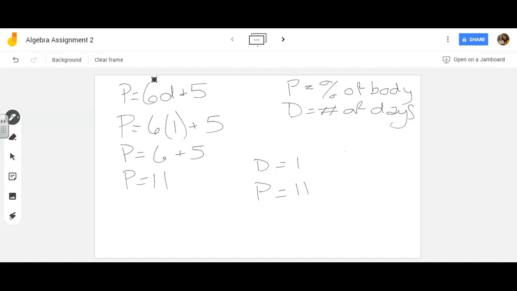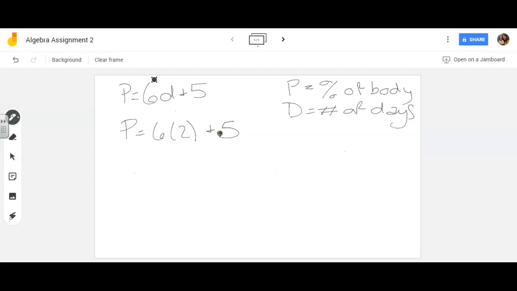So essentially we are looking for what is P when D equals 2, our second day. So P equals 6 times 2 plus 5. So on the second day, 17% of the body is affected.